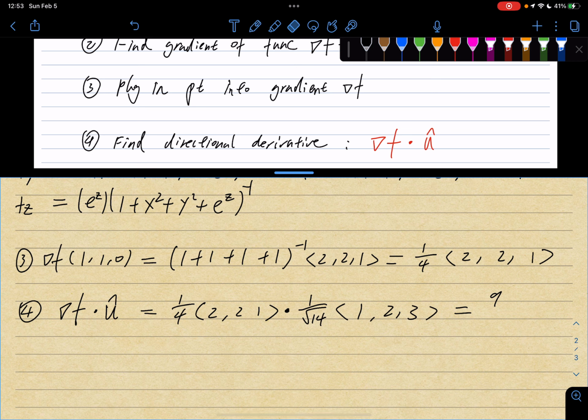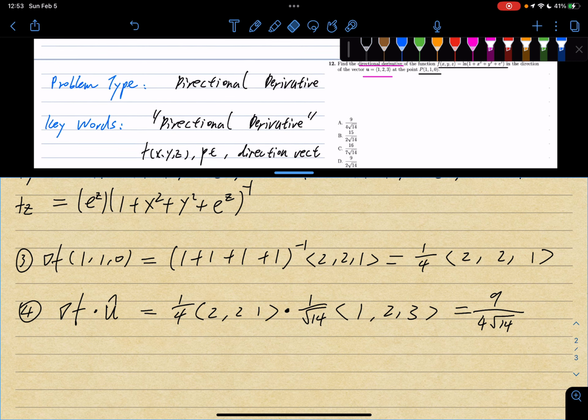Everything in the dot product will be in the numerator, and then we collect the denominator, 4 times square root of 14, and this is the correct answer for this problem.